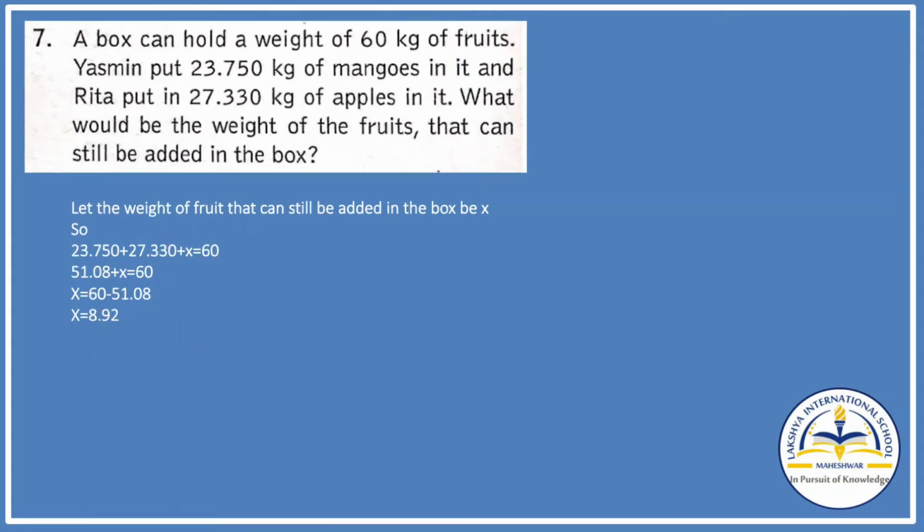Now question number 7: a box can hold a weight of 60 kg of fruits. Yasmin put 23.750 kg of mangoes in it, and Rita put in 27.330 kg of apples. What would be the weight of the fruits that can still be added in the box? So the first value is 23.750 plus 27.330.